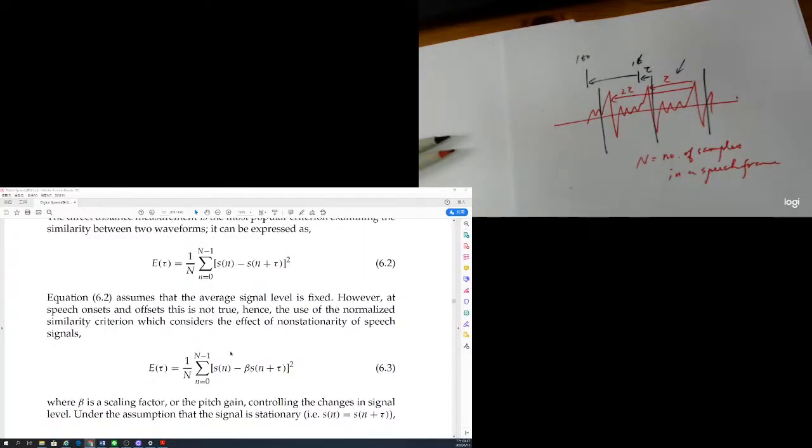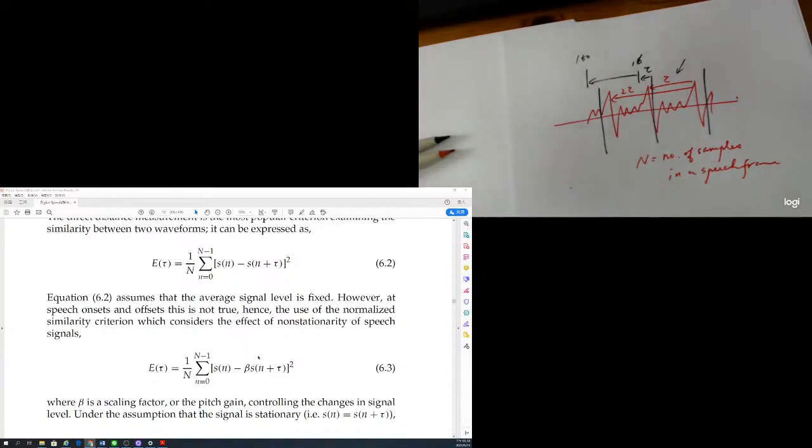Sometimes some areas have high energy, and in some speech frames the energy becomes lower, but the pitch period could be similar.